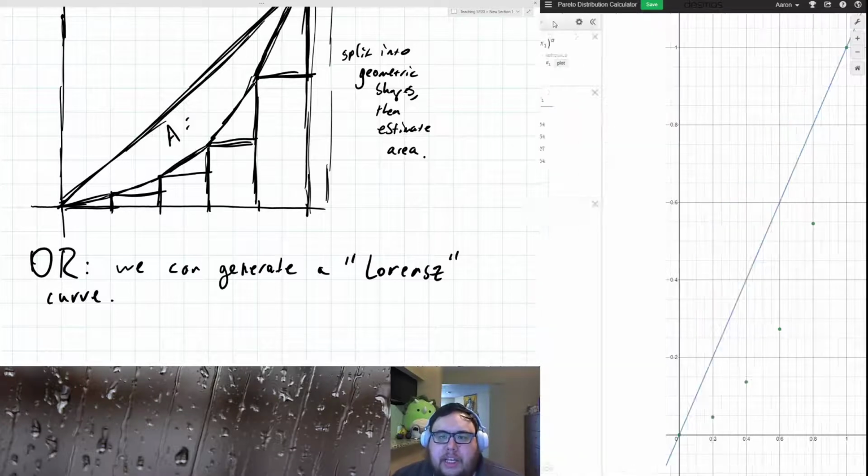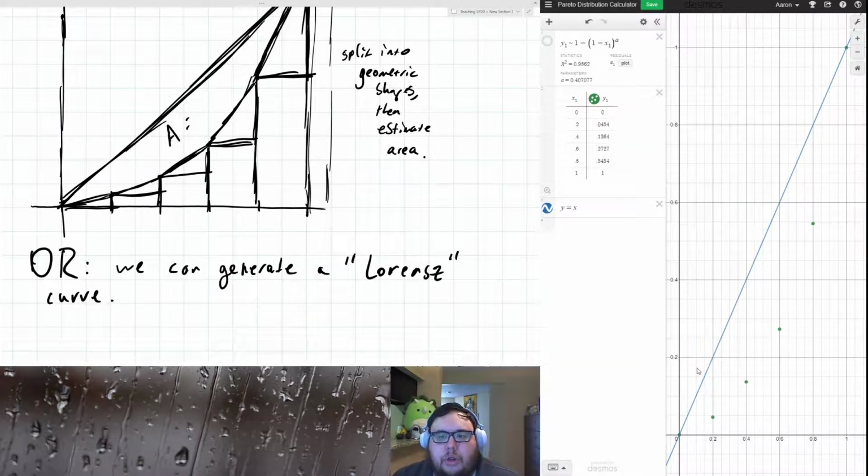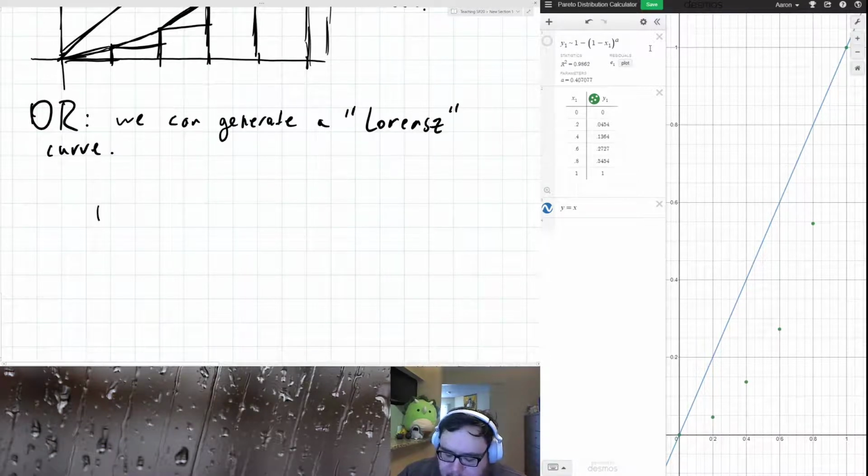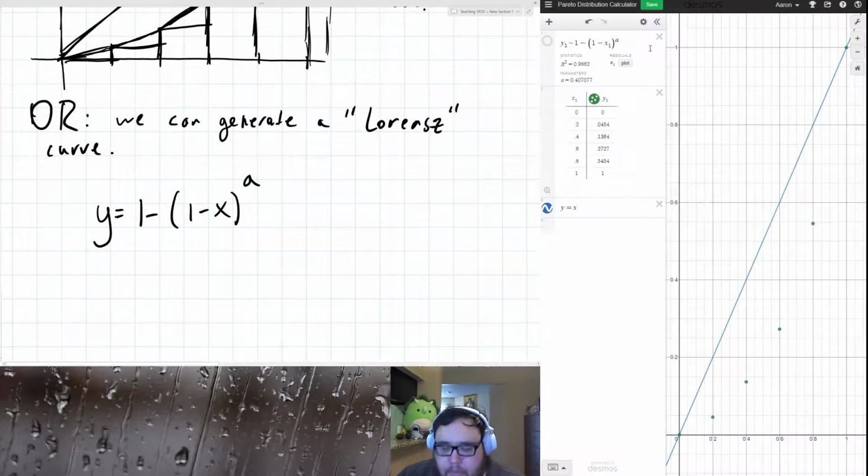So we can take the data points that I plugged into Desmos here, and I've set it up so that it spits out the formula of the Lorenz curve. A Lorenz curve is y equals 1 minus x to the power of a, where a is computed based on what your data is.